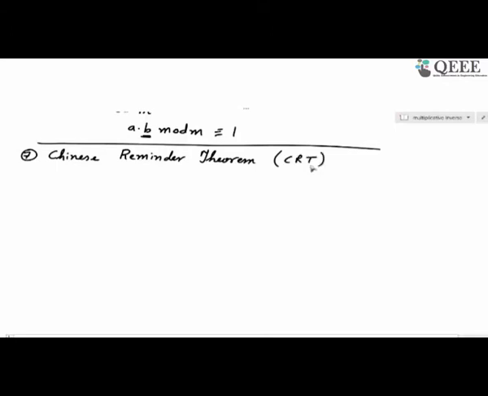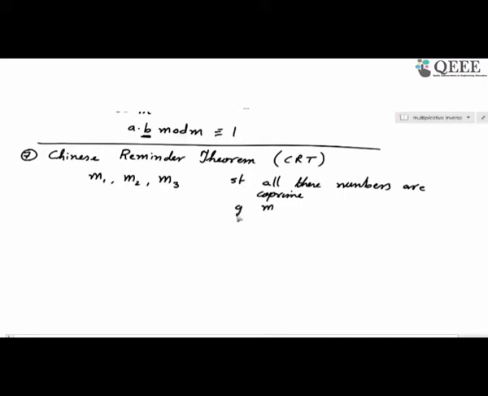We will not go into the proof of this theorem, but we will just take it as a rule. So let us say we have some co-prime numbers m1, m2, and m3, such that all these numbers are co-prime. What do you mean by this?